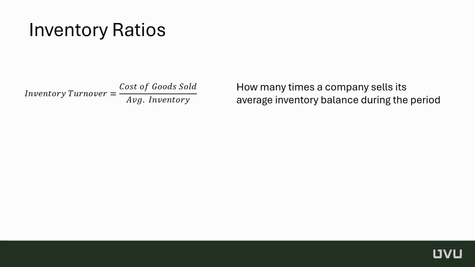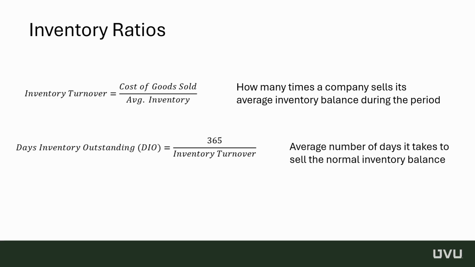And like before, I present this ratio primarily as an intermediate step to get to a typically more useful metric, days inventory outstanding, where we divide 365 by that inventory turnover ratio, which then tells us the average number of days it takes to sell our typical inventory balance. They give us a sense of how quickly a company sells its inventory.